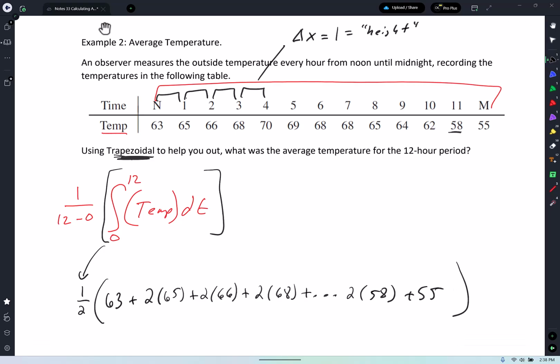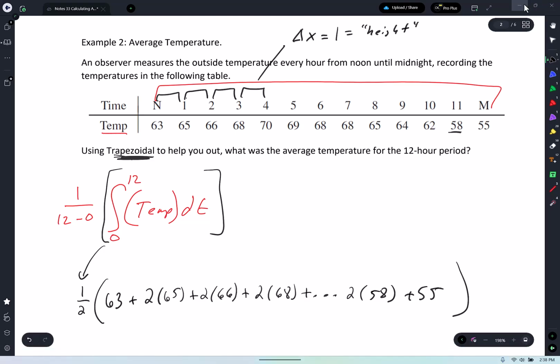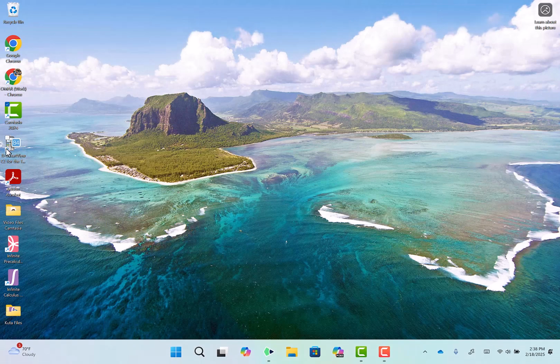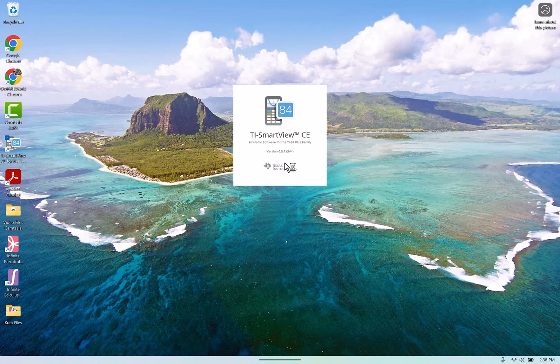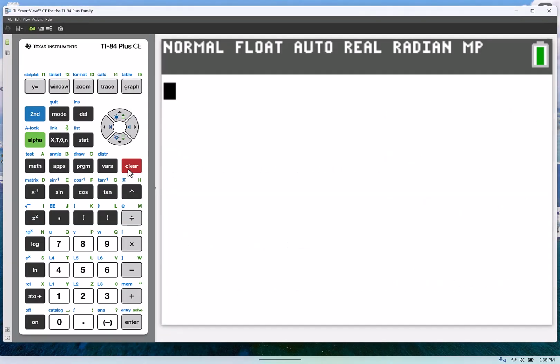All right, I'm going to take my calculator. You guys can probably do it faster than I can. All right, what was it, guys? I have a 0.5 on the outside, open parenthesis.